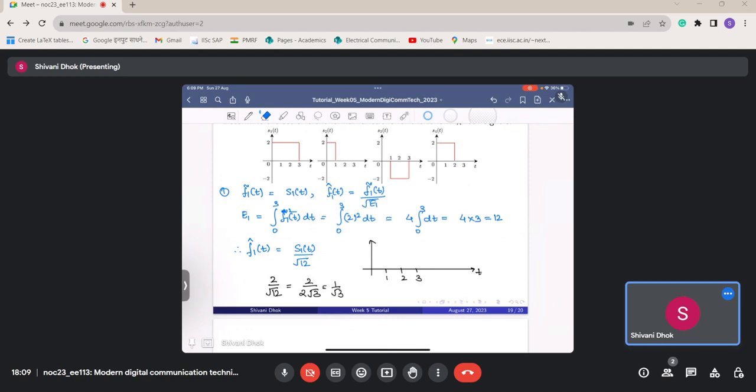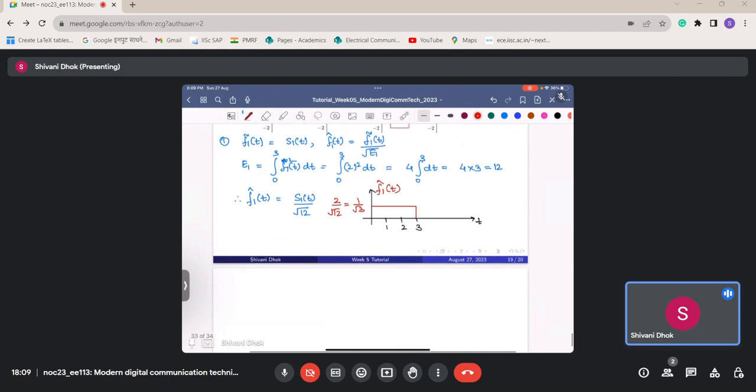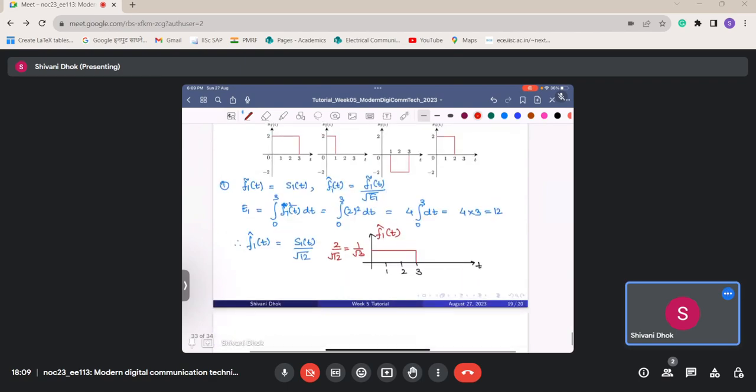So this is 1 by root 3, and this is my f1 hat of t, and this 1 by root 3 is basically 2 by root 12, and this is the first vector in our case.